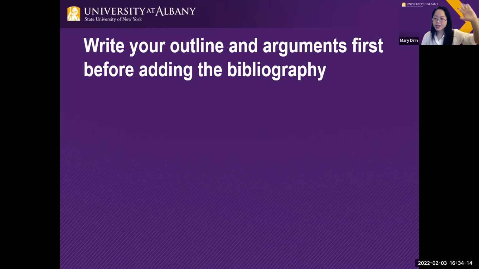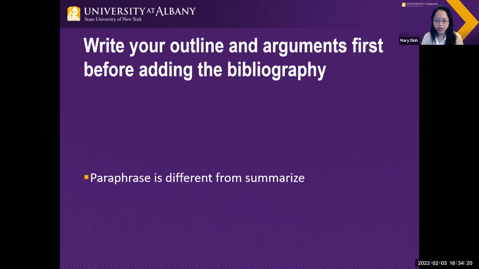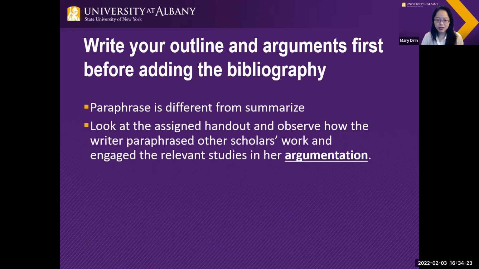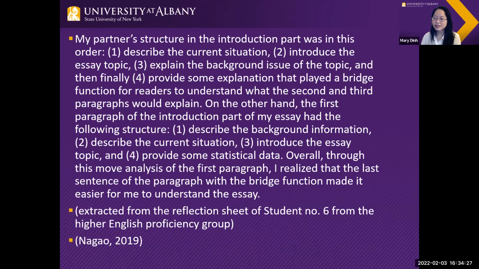You pay attention to some elements in your writing in order to finish your outline, argument, and understand the logic of your writing. This is why working with a partner explicitly can be helpful.